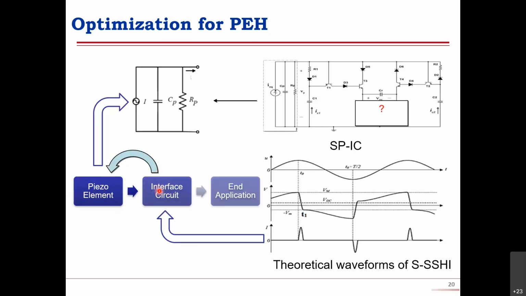And we are also doing some circuit design for our aerosol cycle technique. We take the SSHI theoretical waveform as an example. We can see that with the voltage reversal, we can get a much higher voltage. If we reverse more times, maybe we can get a higher voltage that can act as an aerosol cycle electric field, so that we can make this aerosol cycle technique self-powered.